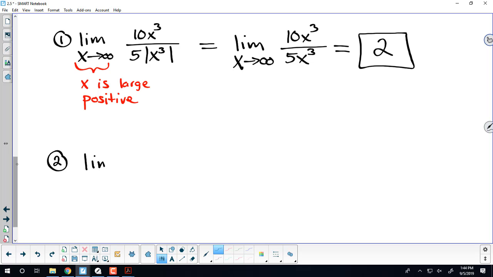What happens if we have to compute the limit as x approaches negative infinity on that function?